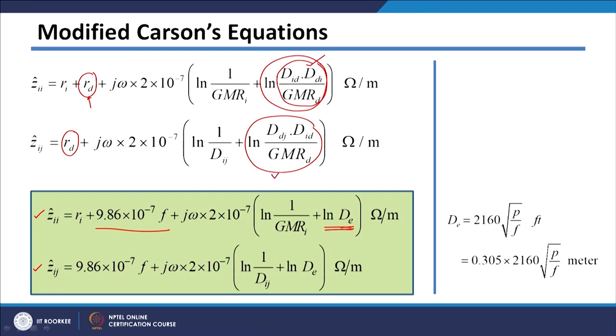Similarly, this term can also be replaced using natural log of D. So, we have got the required quantities which were unknown to us, and those are given by natural log of D, and this R_d term is given by 9.86 times 10 raised to minus 7 times frequency. And as we discussed, the equivalent depth of earth return, which is D, is given by this expression.